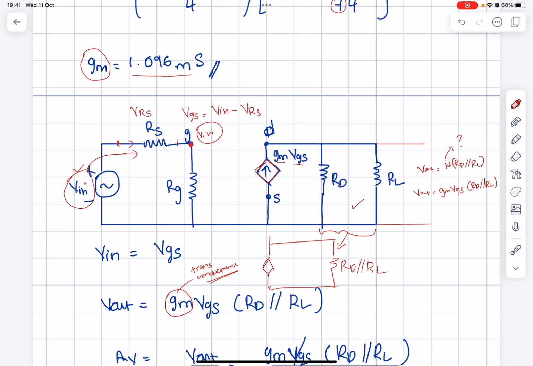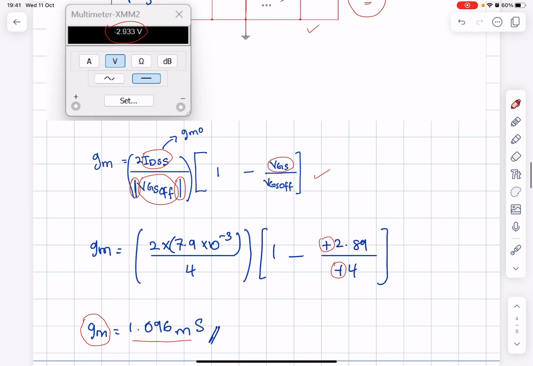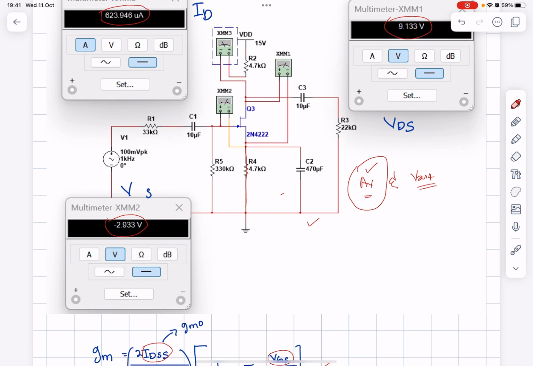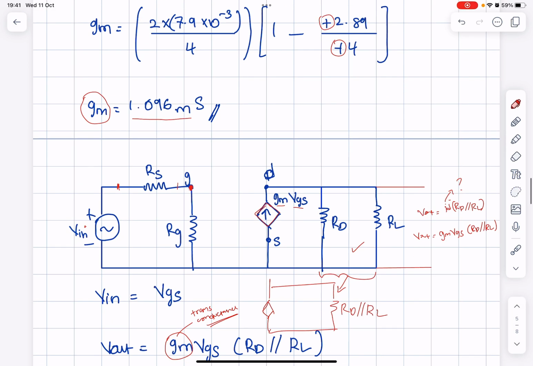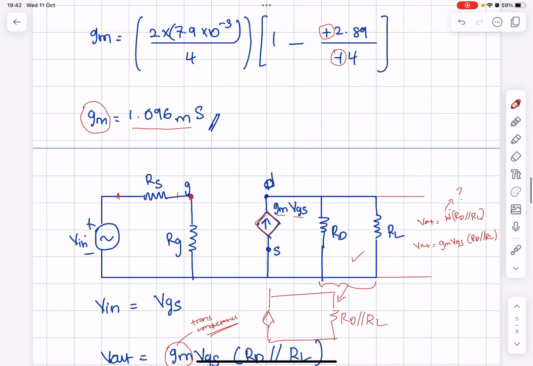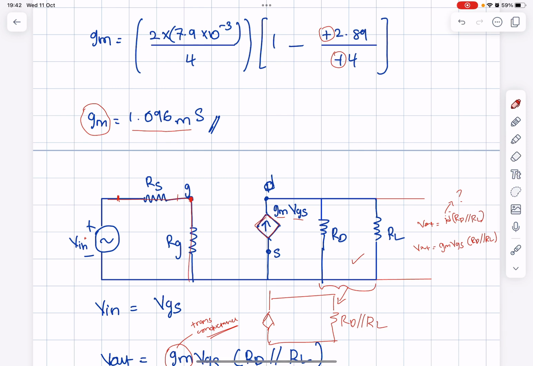How to get the equivalent circuit is, if you look here, this RG is already connected to ground. So you don't need to do anything. You just follow the diagram where RS is here and then RG is connected to ground. So you just follow to ground.